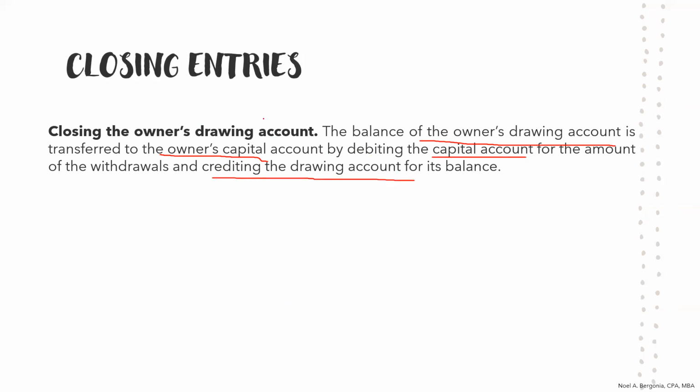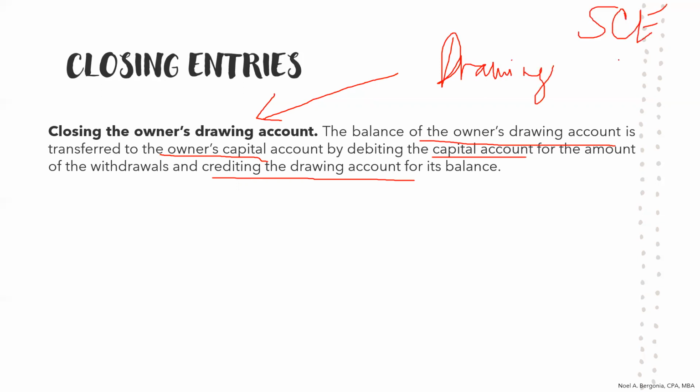Actually, this closing entry also gave us the idea why, when we compute the statement of changes in equity, the drawing is always deducted from the capital. Withdrawal decreases the capital because the withdrawal or drawing account is closed to our capital.